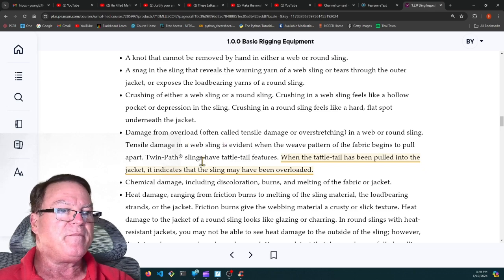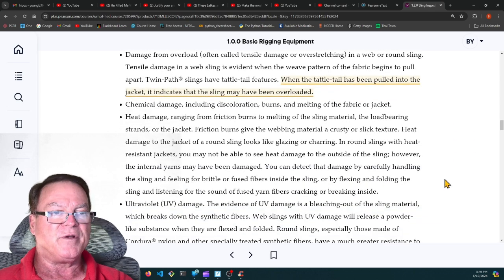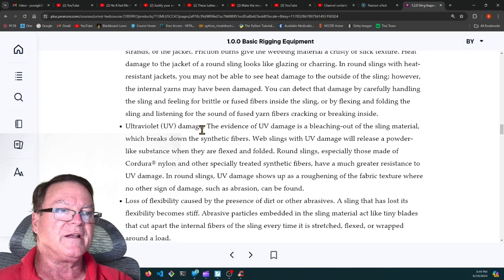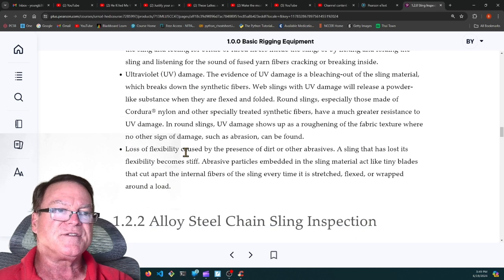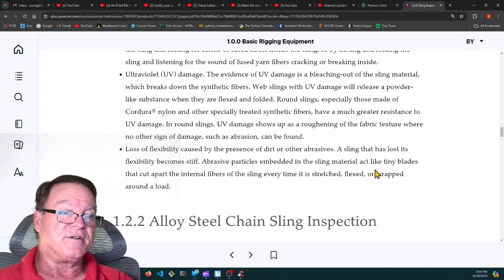And twin path slings have tattletale features. When the tattletale has been pulled into the jacket, it indicates that the sling may have been overloaded. Chemical damage or heat damage or ultraviolet damage, loss of flexibility, any of these are criteria for taking the sling out of service.